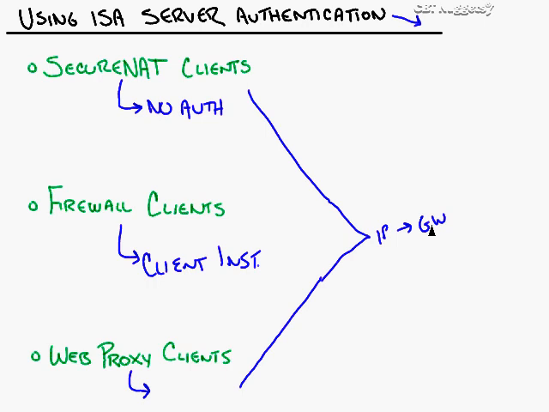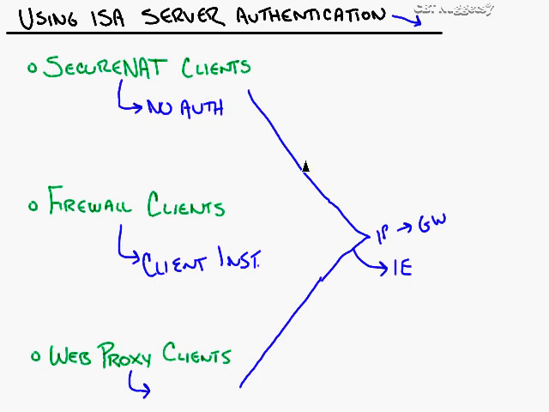That'll make it a Secure NAT client. Then you'll go into the web browser on that computer, hopefully Internet Explorer because it works best with authentication with ISA server, and you'll configure that as a web proxy client. So Internet Explorer on top of that will combine these two client types. That's a way to get around it without having to install the firewall client software.